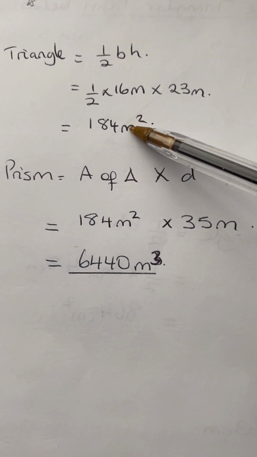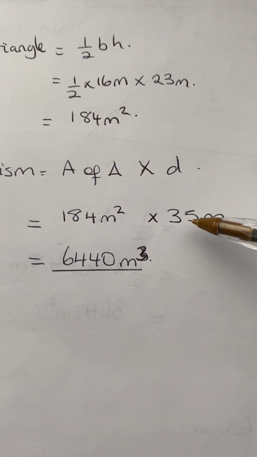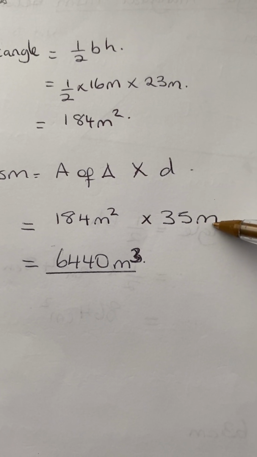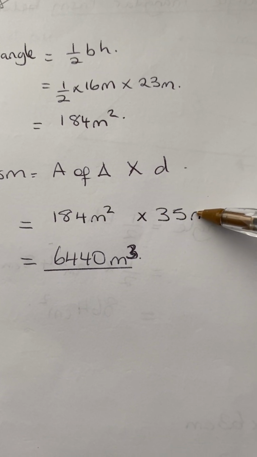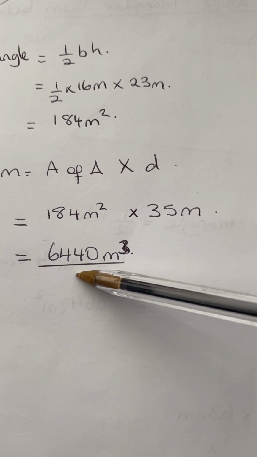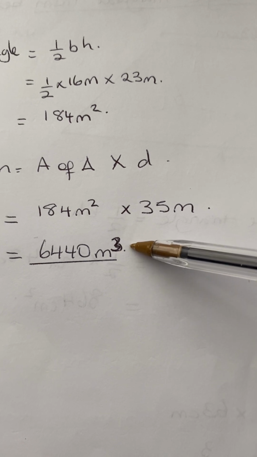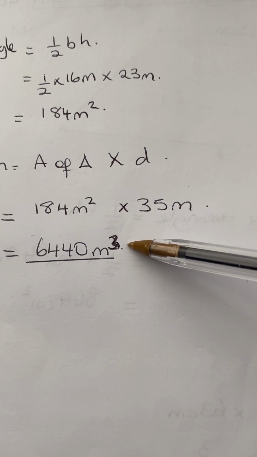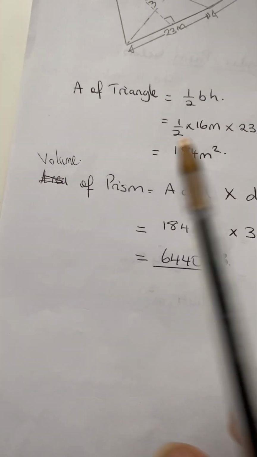So now 184 meters squared times 35 meters. When you multiply correctly on your calculator, you have 6440 meters cubed. That would be our volume.